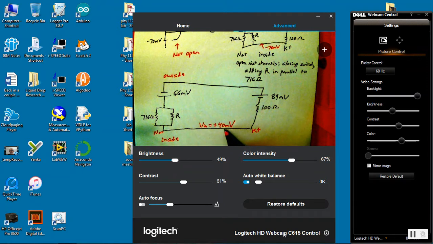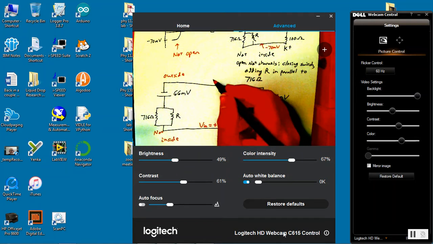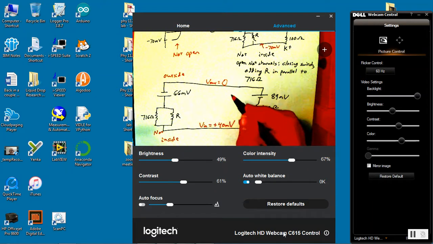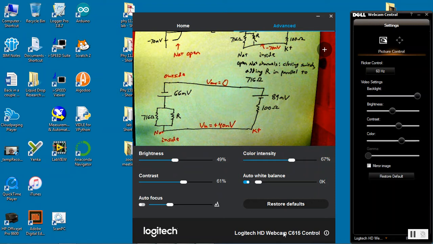So now, instead of being negative 70 millivolts, all of this is plus 40 millivolts. The outside is still 0. That's our reference point.